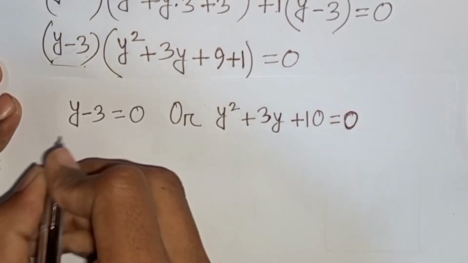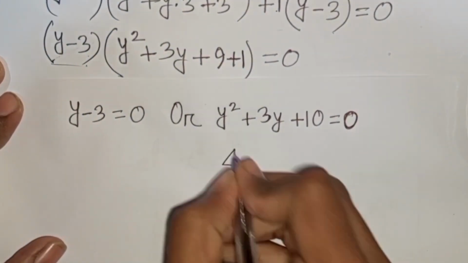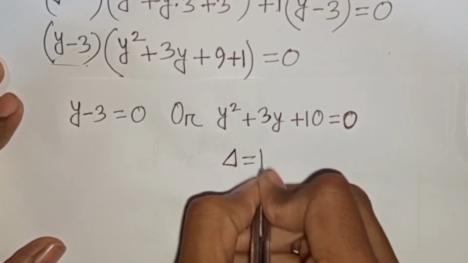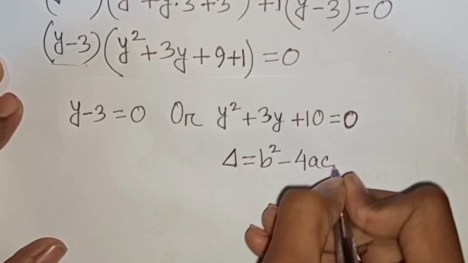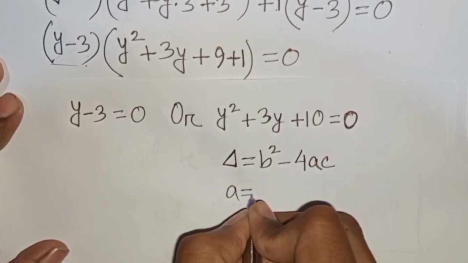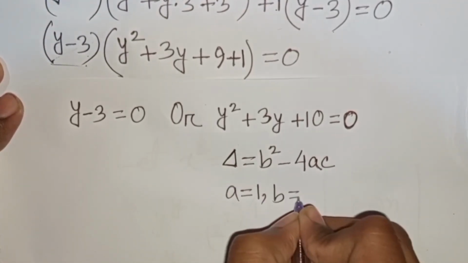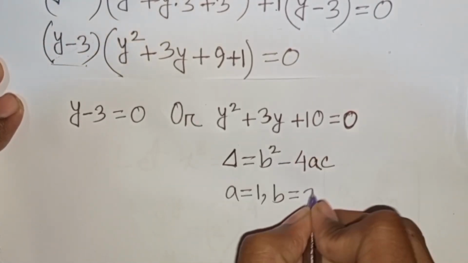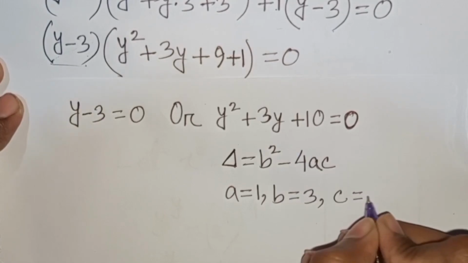Now here you can apply the discriminant formula, so you can write delta is equal to b square minus 4ac. Here a will be equal to 1, b will be equal to 3, after that c will be equal to 10.